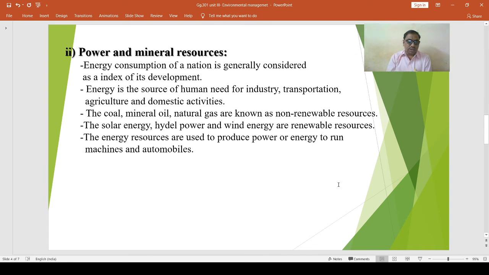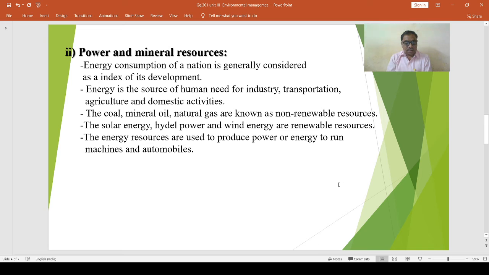These resources include copper, aluminium, iron, mercury, nickel, zinc, cobalt, uranium, silver, gold, and other minerals like mica, clay, etc. These resources required millions of years for their creation through geochemical cycles.